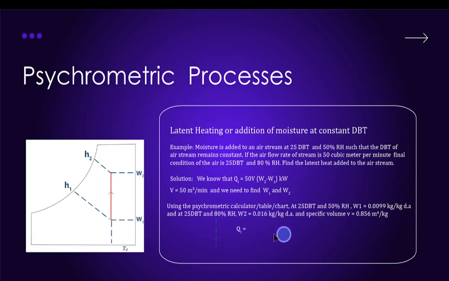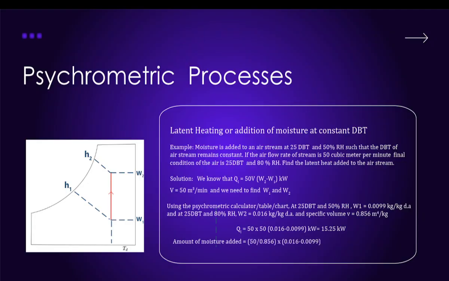Using these values, we can find the latent heat added. Latent heat added is 50 times 50 times (0.016 minus 0.0099) kilowatt. That is 15.25 kilowatt.